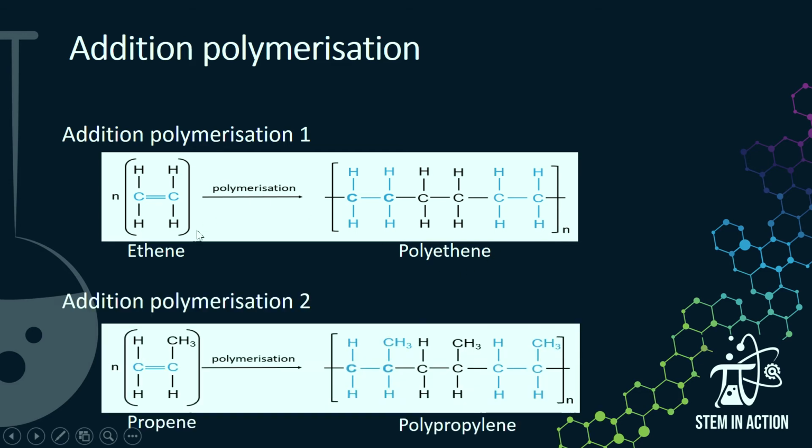And the second one, what we have simply done here is we have substituted the hydrogen here with a methyl group. All right? So it is possible to get different types of polymers depending on the atoms that you have on your monomer. So here we can substitute this hydrogen by a methyl group, like what we did here.